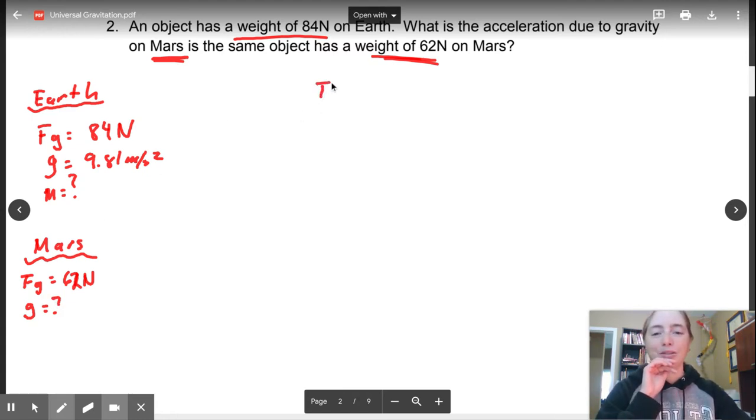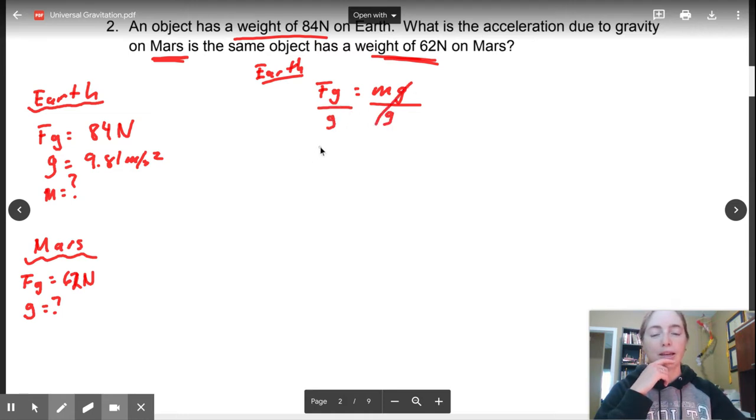Okay. So, Fg equals mg. I'm going to use our rearranged version because why not? And this is on Earth. Now, I'm going to divide out my g, which will give me my m.